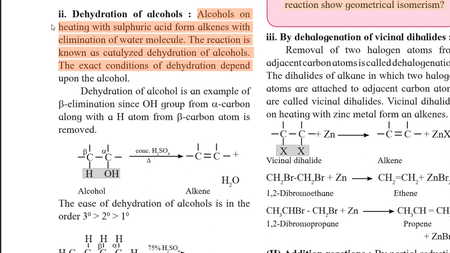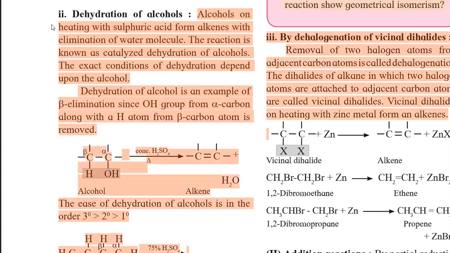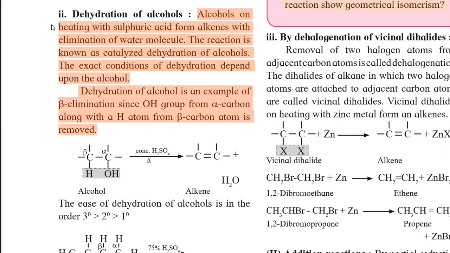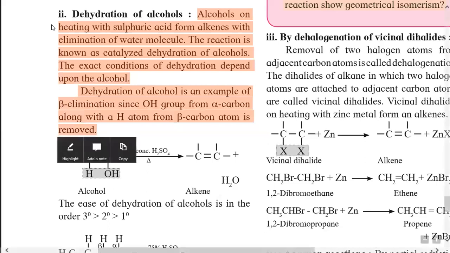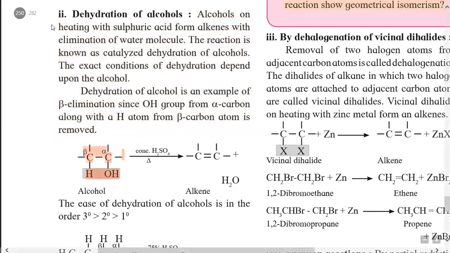alcohol, and tertiary alcohol. Dehydration of alcohol is again an example of beta elimination. We had already studied what beta elimination is. Again here, instead of a halogen atom, an OH group is present in the alcohol. The carbon atom containing the OH group as a functional group is called the alpha carbon, and the adjacent carbon atom is the beta carbon.